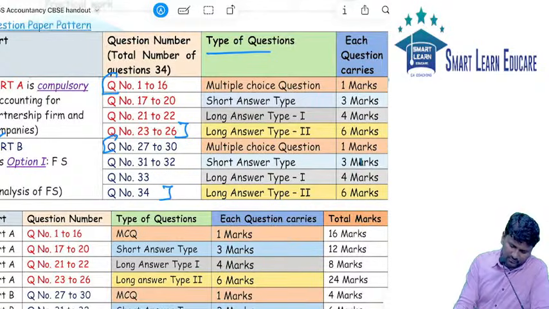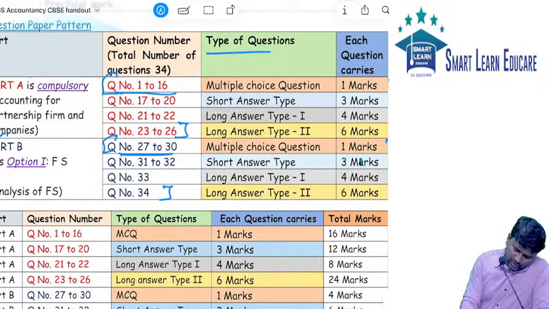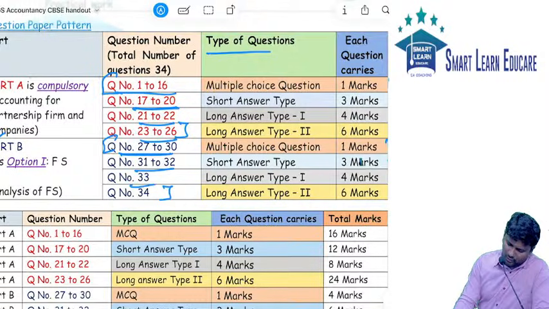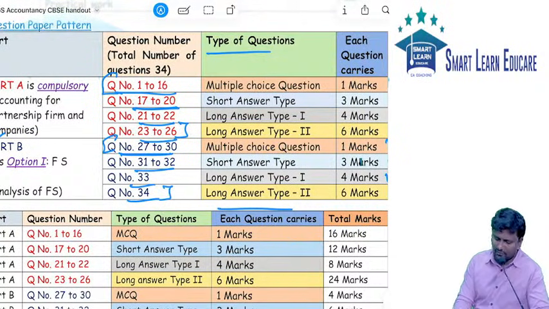Part A, question numbers 1 to 16 will be MCQ. Question numbers 27 to 30 will also be MCQ. Question numbers 17 to 20 will be 3 marks questions, 21 to 22 will be 4 marks, 23 to 26 will be 6 marks, and 31 to 32 will be 3 marks. And there is 1 question for 4 marks and 1 question for 6 marks. Generally, it will be from cash flow statement.